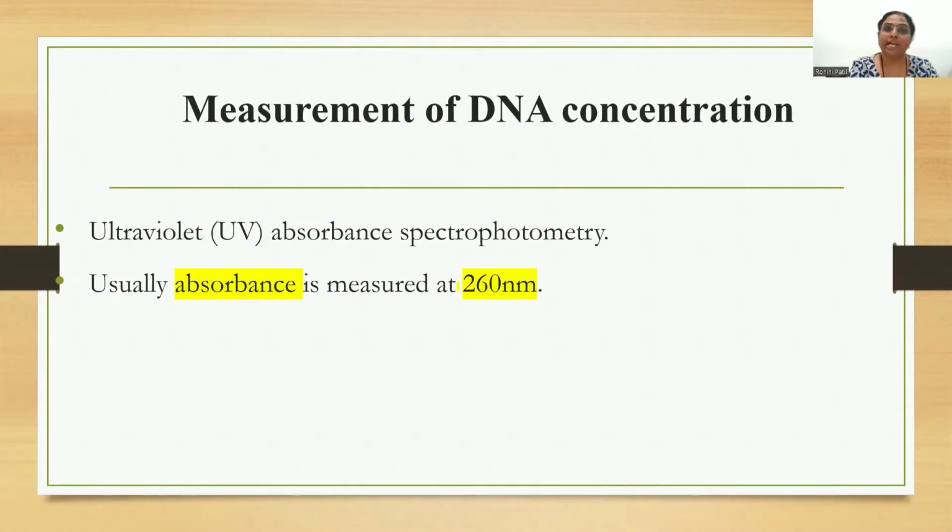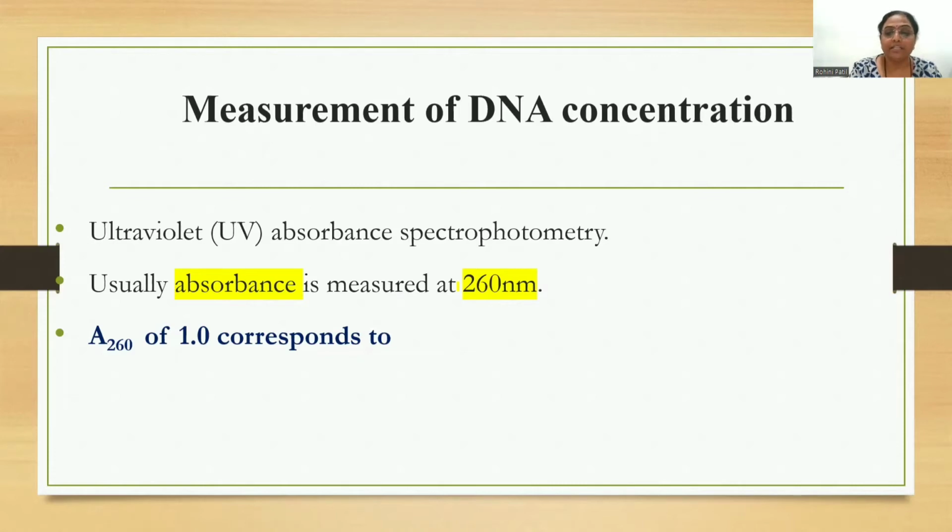The nucleic acids give the absorbance at 260 nanometer. If we get an absorbance of 1, that is A260 of 1, it is 1 OD, that is, 1 optical density.